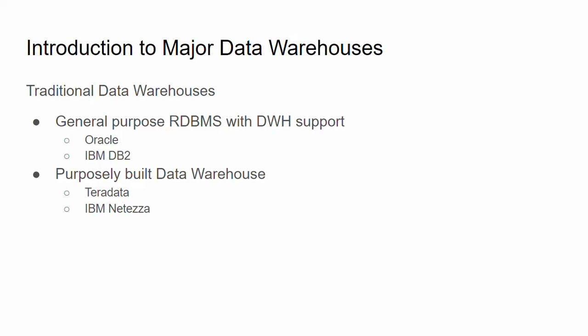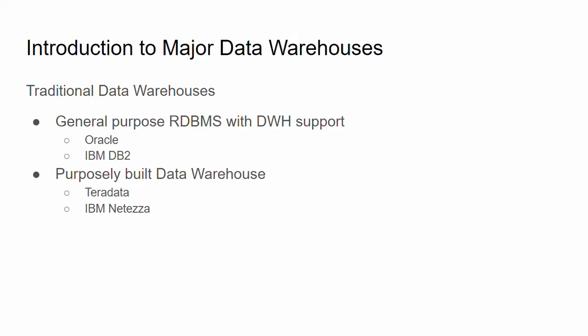But the data warehouse has its own way of joining, which, as we see, sometimes is a star schema for data marts, and it requires a lot more aggregation than a normal relational database. That's when you have features specifically developed for data warehouse. Oracle or IBM DB2 have extra features that you can implement to enhance hierarchical or star schema join performance. This is the general purpose relational database.